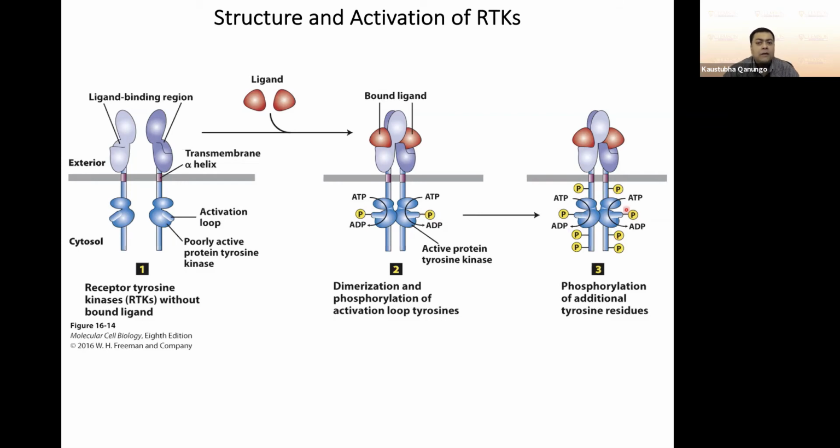Remember that the phosphorylation is not done by another enzyme, but the receptor tyrosine kinase phosphorylates all these tyrosine residues by itself. But it starts with this first loop, which is called the activation loop. Conformational change of this one is needed to activate its phosphorylation activity so that it can phosphorylate others, so it's in a very active state.